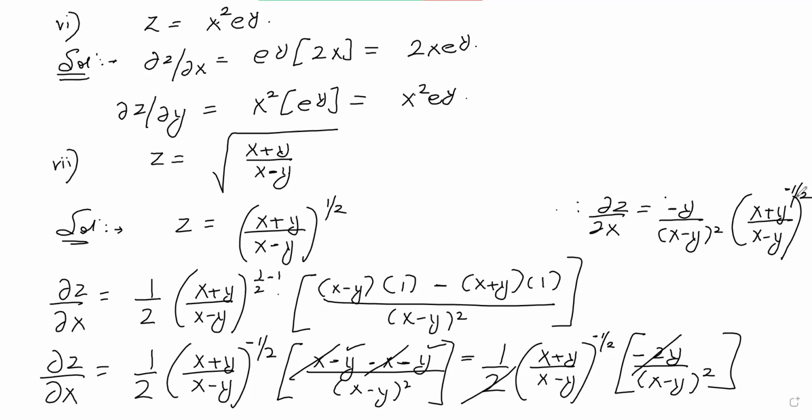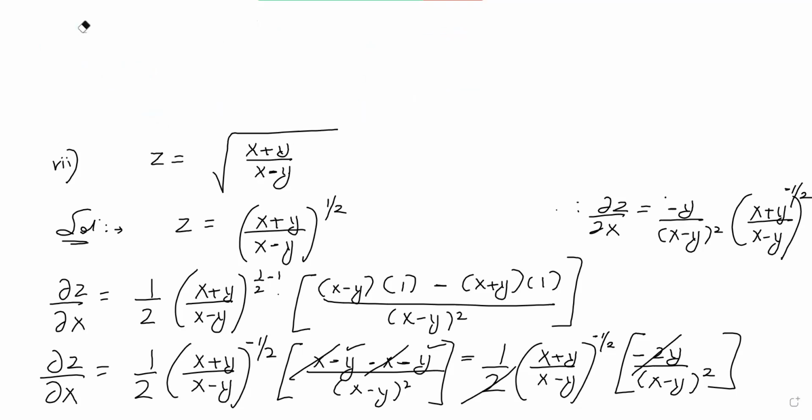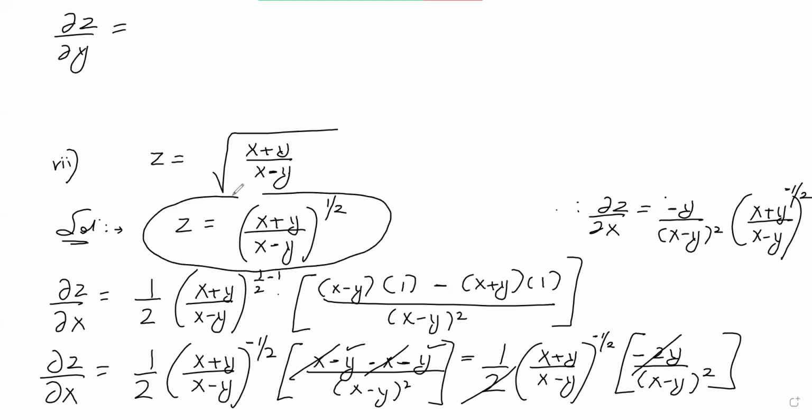Similarly, I can erase the initial part and I can find del z by del y on the top. Let's work out del z by del y. So del z by del y will be, again, first I apply the power rule to this.